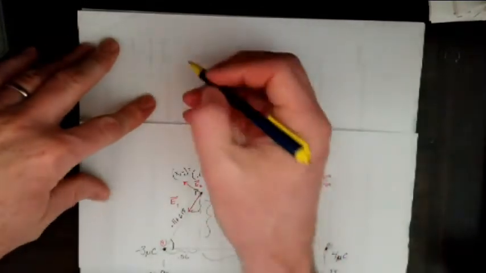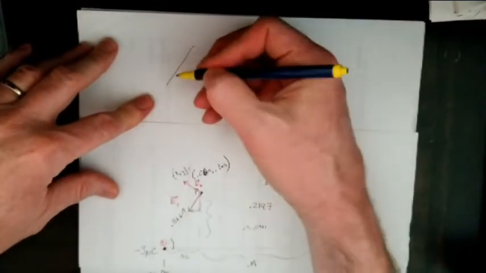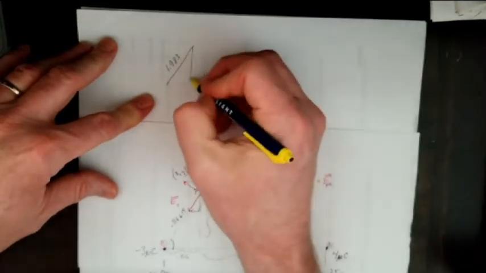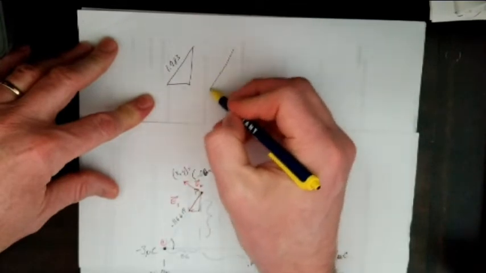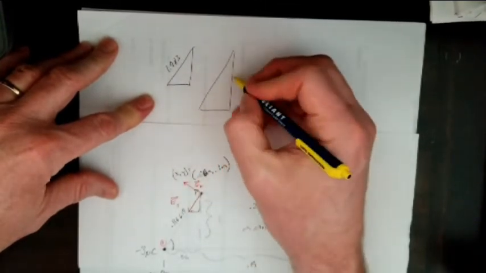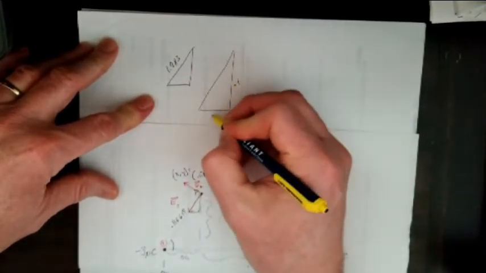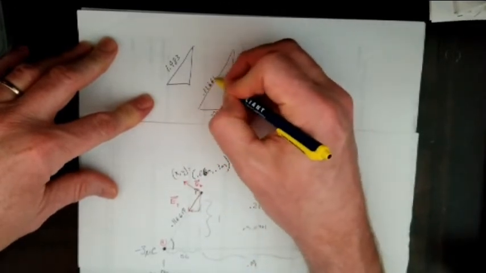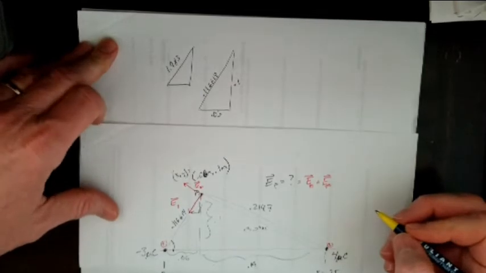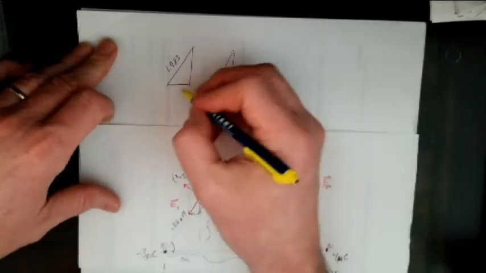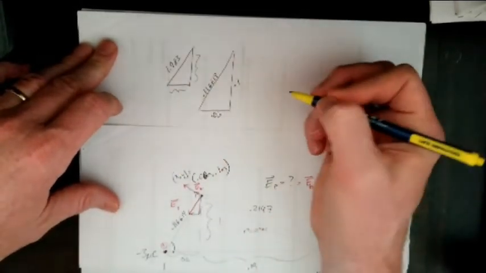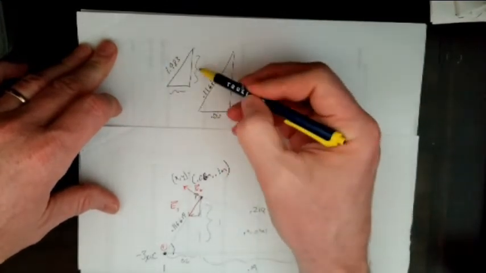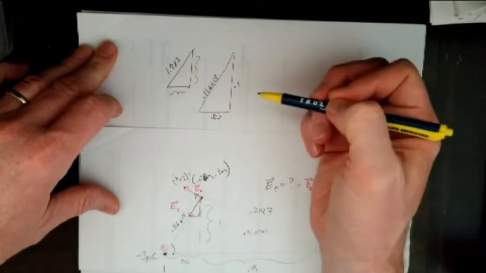So I have my E1 here, the 1.983 meganewtons per coulomb. That is a similar triangle to the physical triangle, where this is 0.1, this is 0.06, and this was 0.116619. And I need to figure out that and that. Well, that is to that as this is to this, and here is to here.